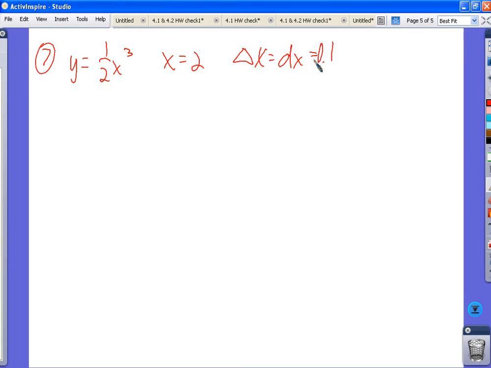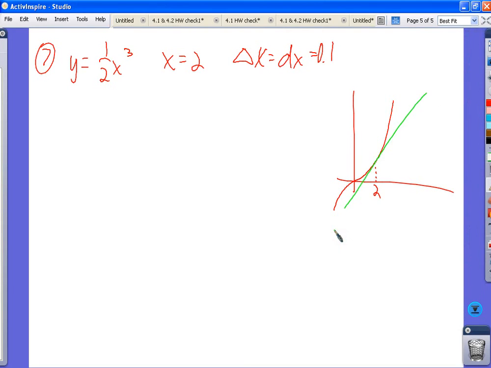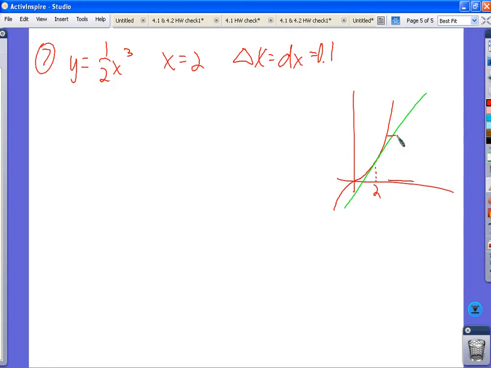We have this function, 1/2 x cubed, so it's going to be kind of the squattier version of x cubed. And we're at x equals 2. And we're going to use the tangent line at 2 to approximate the change in y. So the actual change in y will be from here to here, say, for some delta x.